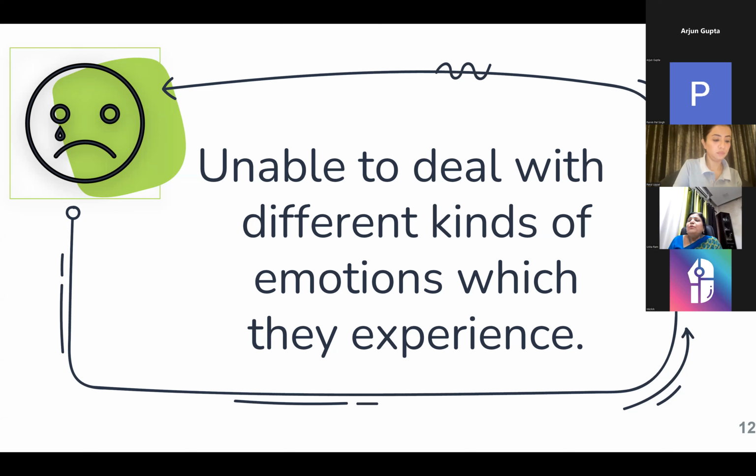Now they're unable to deal with the different kinds of emotions which they experience in school, outside school, in society, and after 2 years staying in the house, there's so much disturbance in everybody's minds. So you can imagine what will be happening to our children, to our students, when they have to go through so many things at one go.